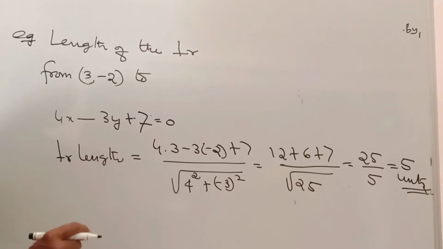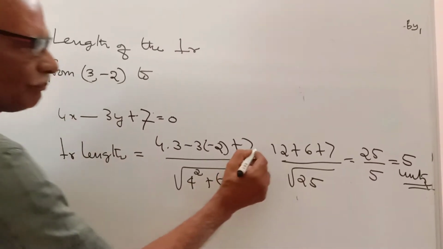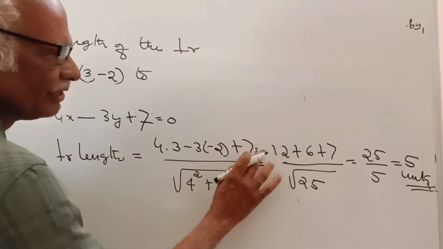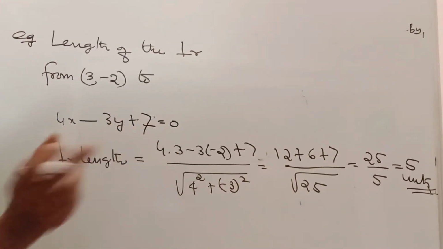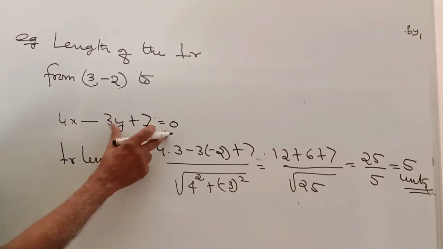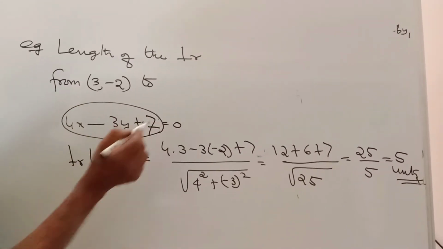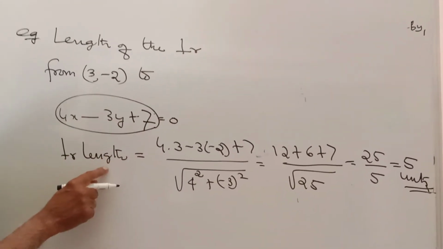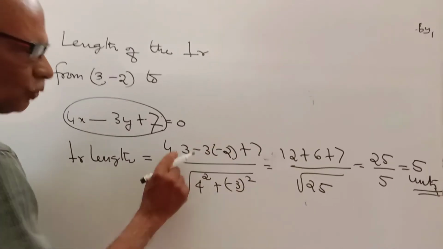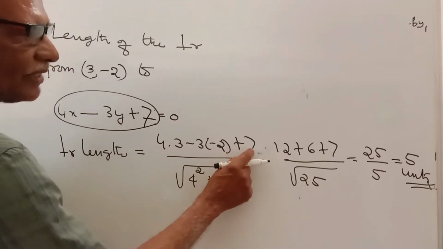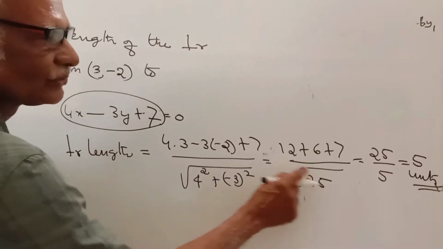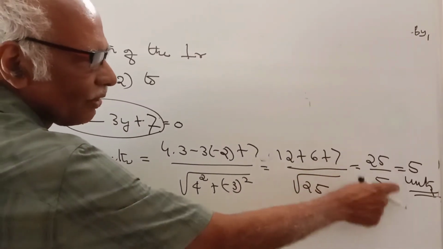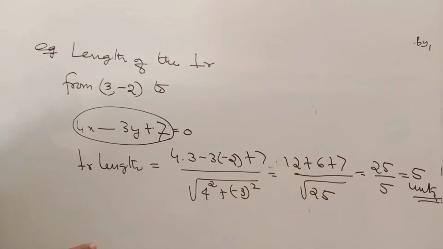A common mistake done by students is they will put equal to 0 here, which is wrong. We don't need to put 0 because the length cannot be 0. So we take only this part, the expression for getting the length. And finally it becomes 12 plus 6 plus 7 by root of 16 plus 9, which is 25. So 25 by 5, or 5 units. The length is 5 units.